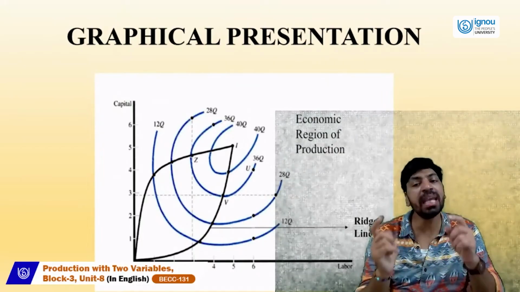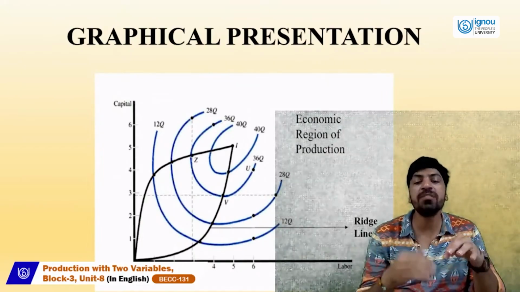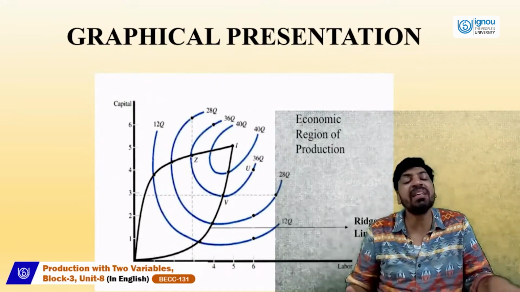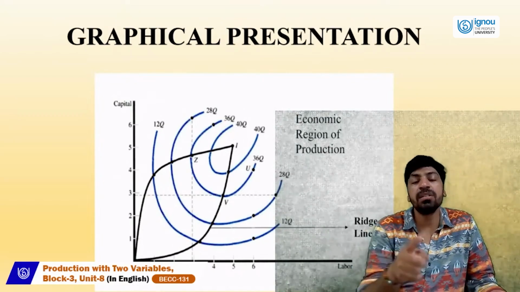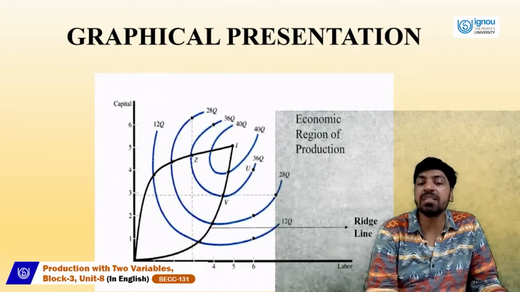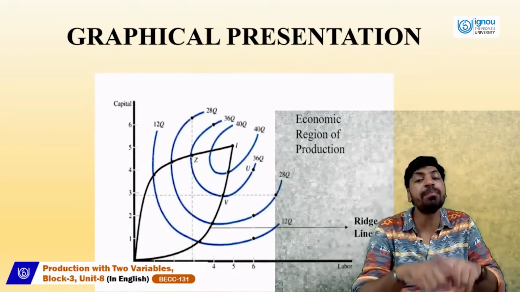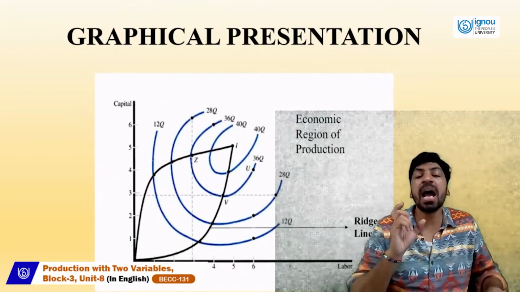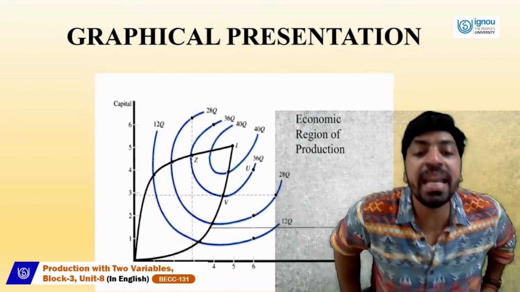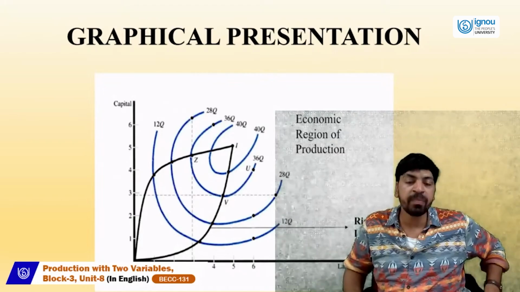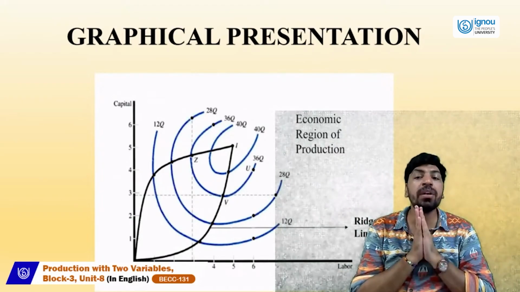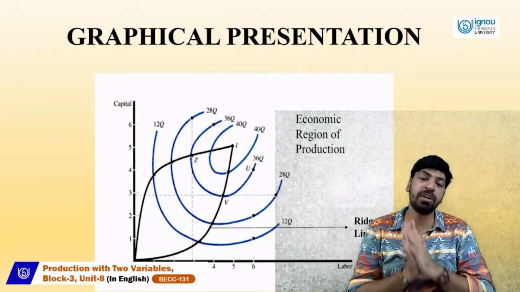If you see the four isoquants from lower to higher, with their respective levels of output, you can see the ridge lines have been drawn where the isoquant curves show a negative slope, and that particular area is called the economic region of production.